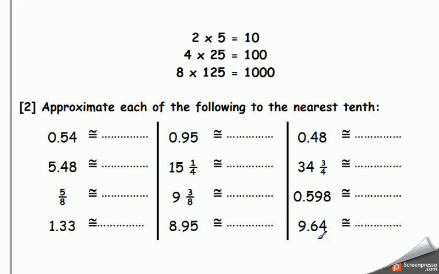Good morning, grade 4. Now I will explain the approximation nearest tenth, or approximation to one decimal. This is the same meaning.